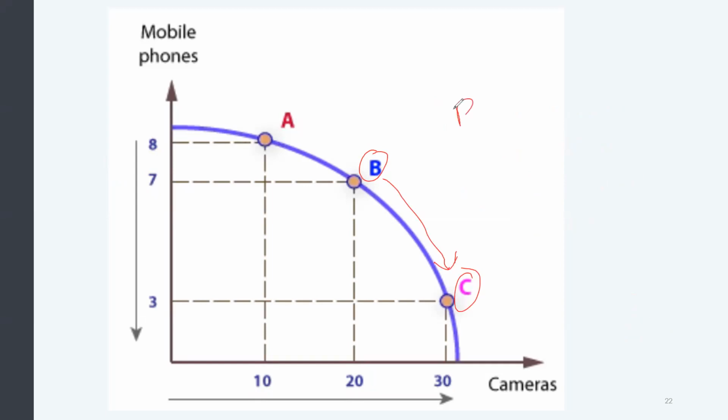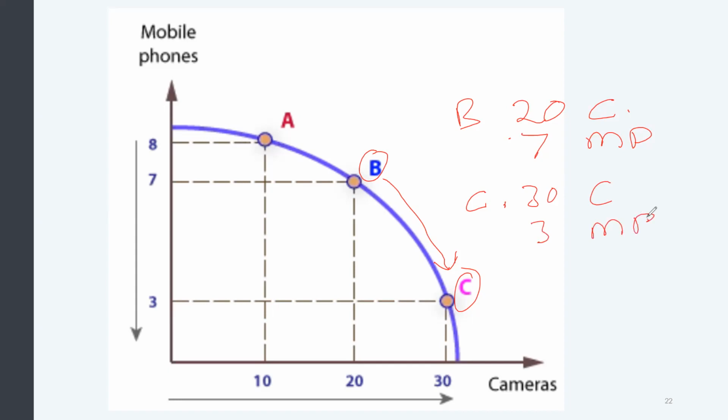So at point B, I had 20 cameras and 7 mobile phones. At point C, I have 30 cameras and 3 mobile phones.